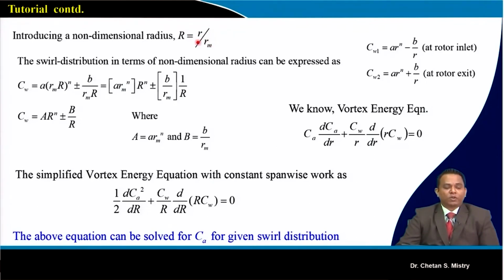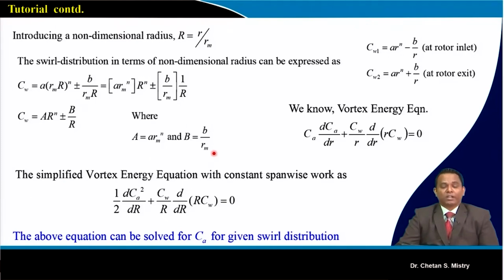In this case, in place of r in the equations we assumed for CW1 and CW2, I can replace it with Rm into R. If I put this in, my whirl component distribution can be written as capital A into capital R to the power n plus or minus B by R, where the constant capital A is small a into Rm to the power n, and B is nothing but b by Rm.